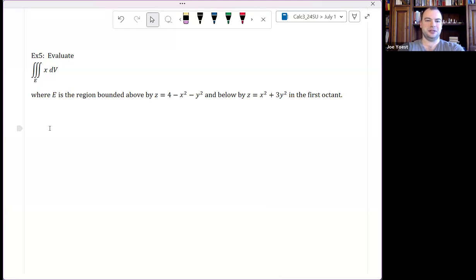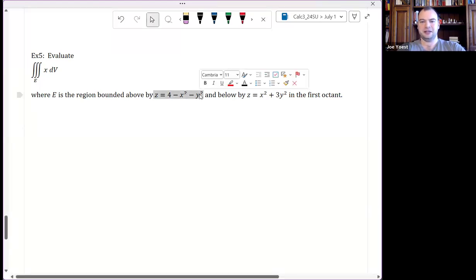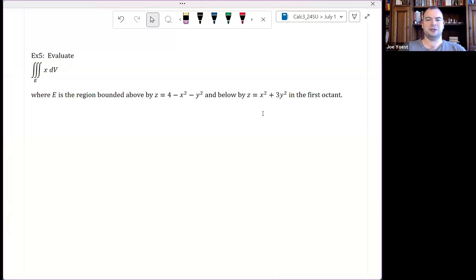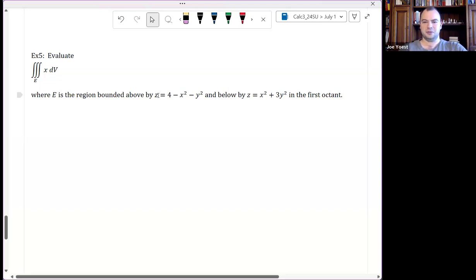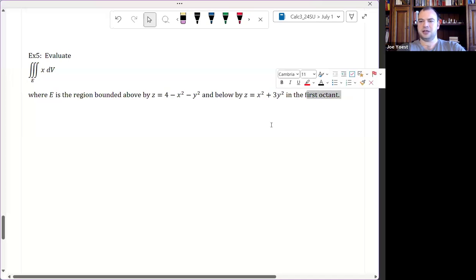So evaluate the triple integral of x dV, where our volume of integration is the region bounded above by z equals 4 minus x squared minus y squared, a paraboloid opening downward, and bounded below by z equals x squared plus 3y squared, a paraboloid opening upward that also has kind of an elliptical cross section, where this one has a circular cross section, and we're in the first octant.